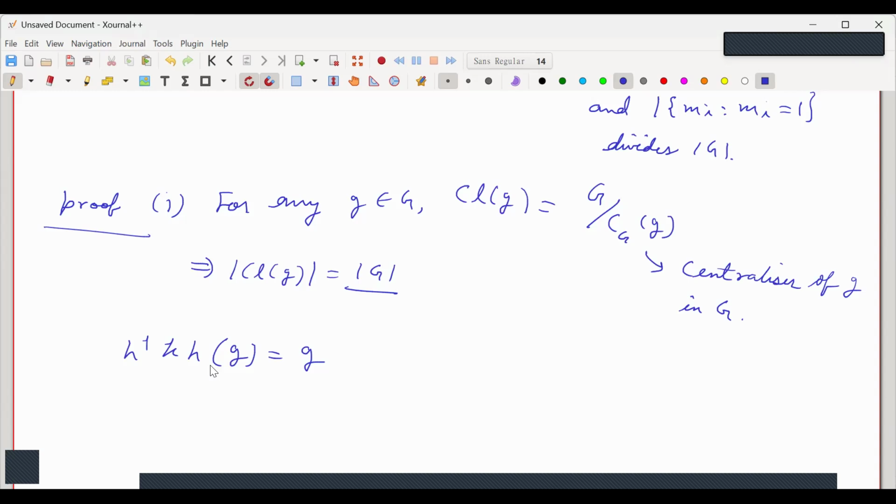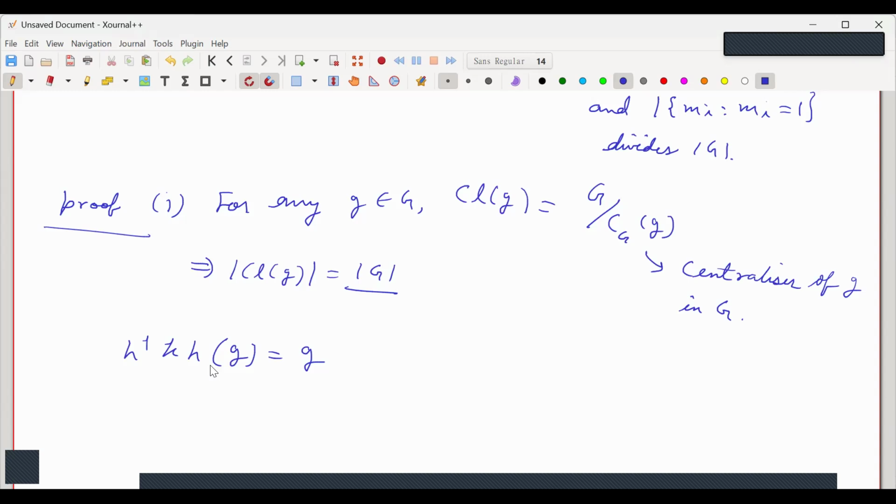Do you agree with that? Yes, sir. It is a subgroup, but it may not be a normal subgroup.